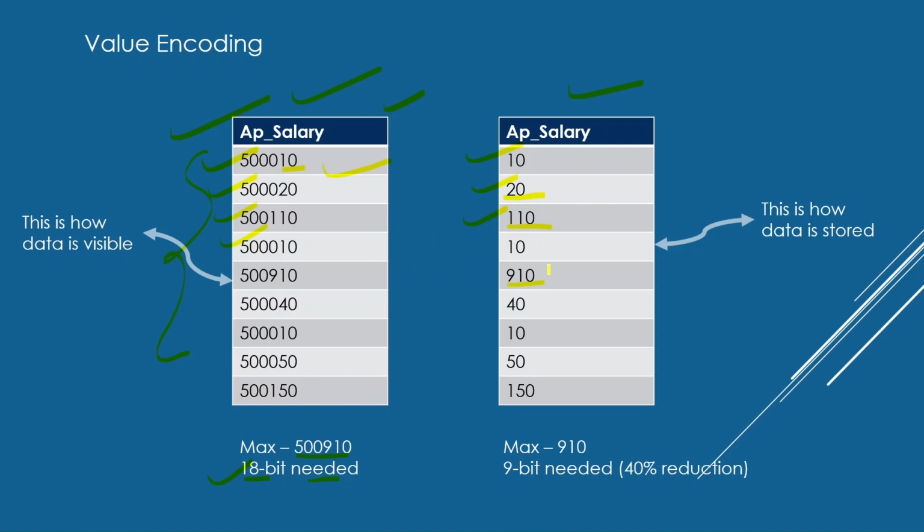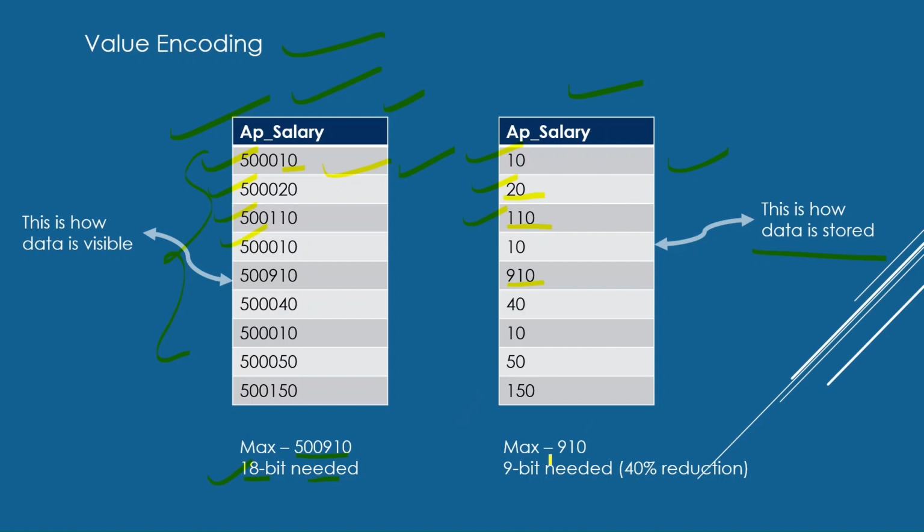So this is a mathematical process, and Power BI creates a relationship between this value and this value with the help of the value encoding process. And this is the data which is getting stored in Power BI.